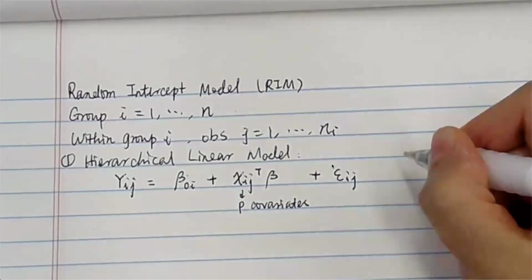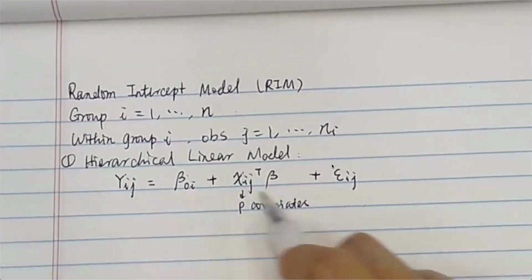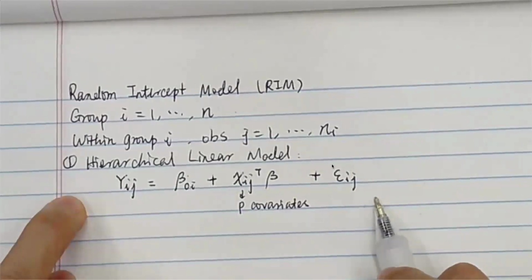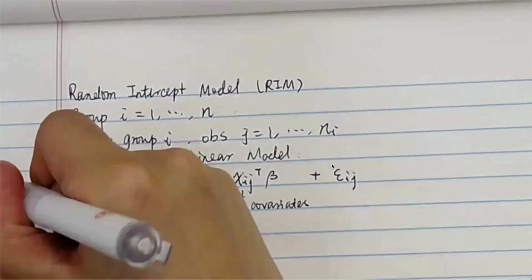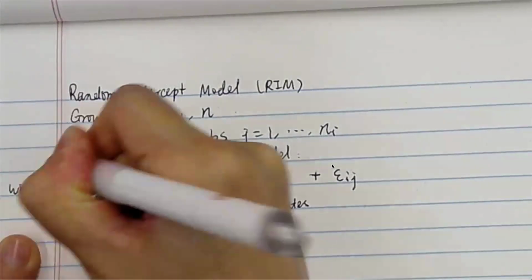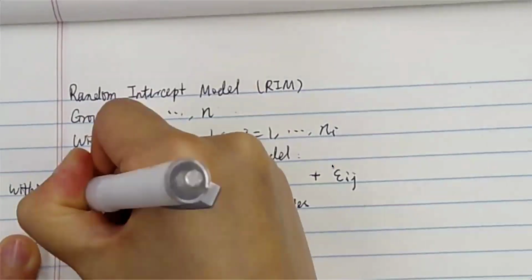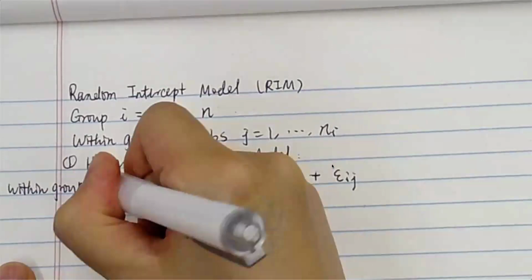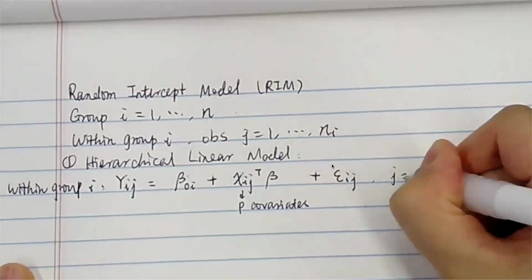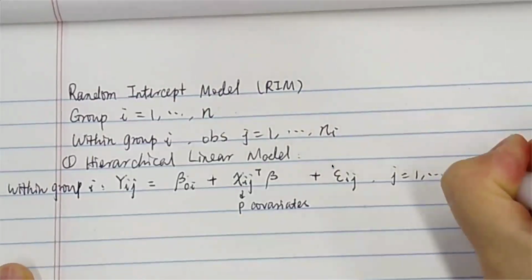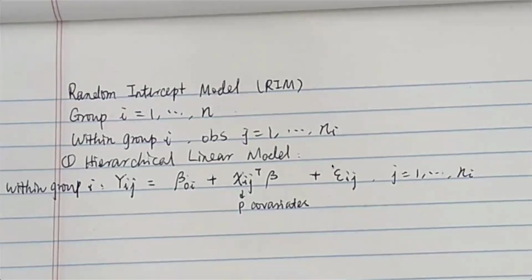Okay, so what we wrote in this layer is within group i. We have this model within group i, and here j goes from 1 to n_i. And as we said, it's hierarchical.